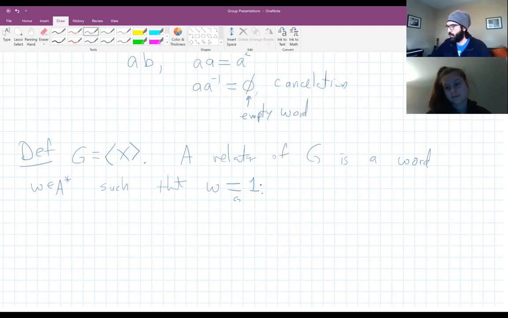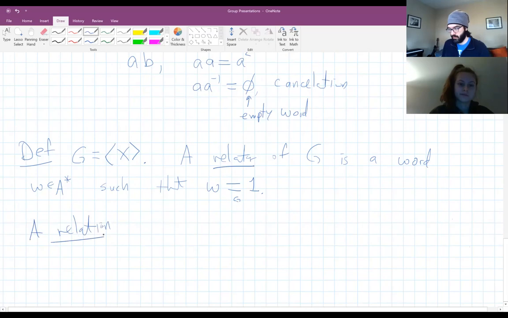No, this is good. Okay. So this is what a relator is. It's an element of G that's equal to 1, basically. Now, a relation is an equation, like W1 is equal to W2 in G, where W1 and W2 are elements of A star.